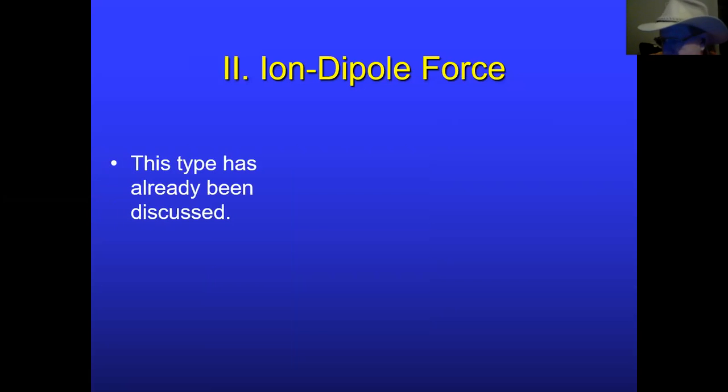The last one. And actually, I'm thinking we're going to be able to get out of here fairly easy. Ion dipole forces have already been discussed, guys. We know about ions. Not only are the charges permanent, in an ion, the charge is that atom's alone.